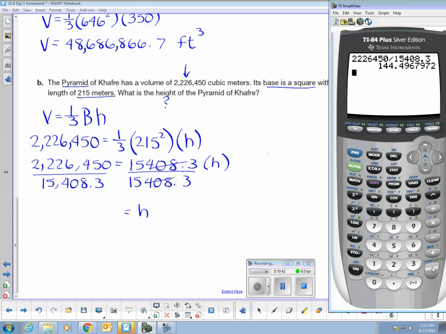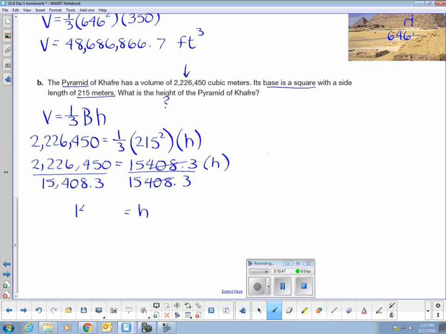So our height is about 144 and a half feet. And that's approximate.